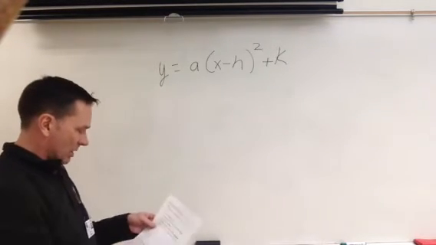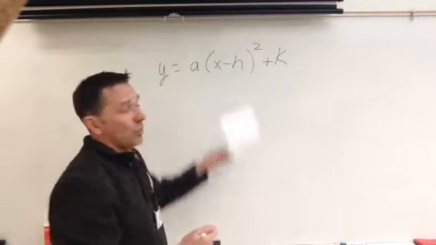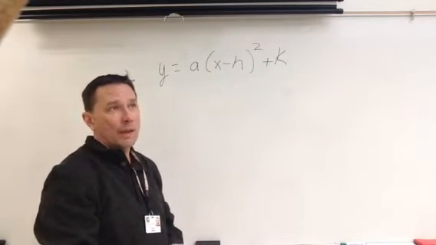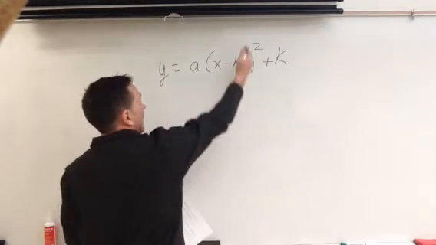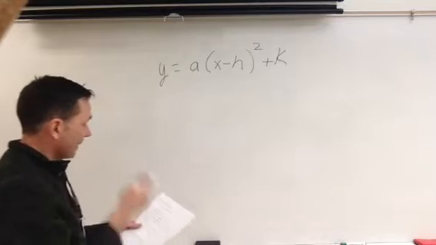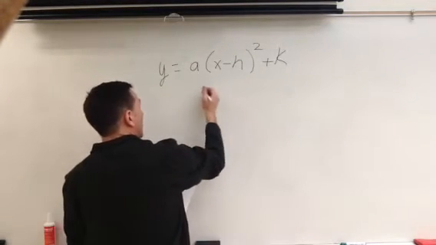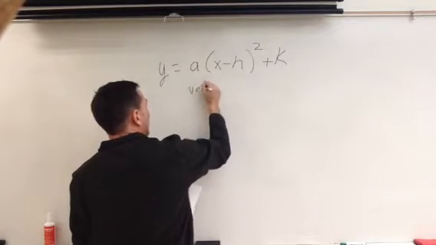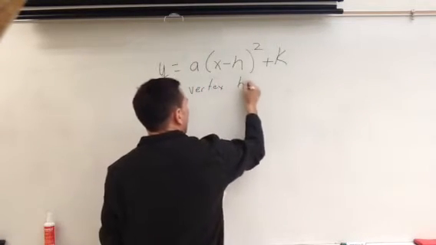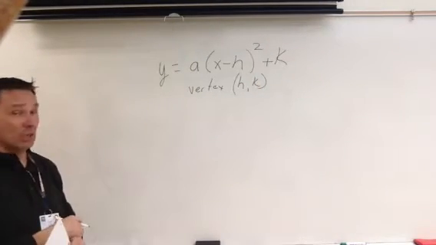Very similar to our equations for absolute values, except for absolute values we had straight bars here without that squared sign. The reason we call this vertex form is because the vertex is represented by (h, k). That's going to be the middle of our graph.